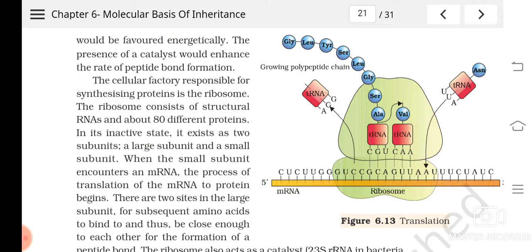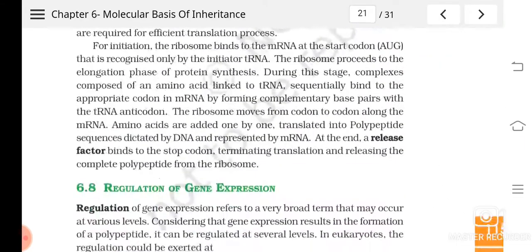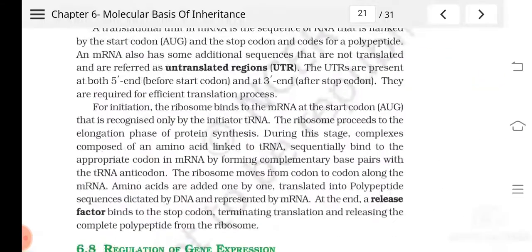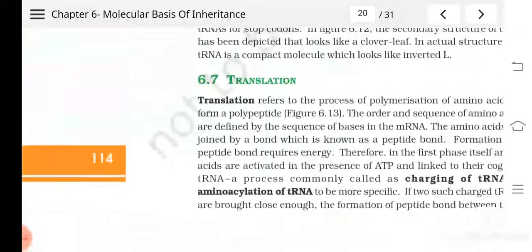Ribosomes exist as two different subunits, a larger subunit and a smaller subunit. During the process of translation, they get associated. First, what happens before initiation? Charging of amino acids, isn't it? That is known as aminoacylation of tRNA, or charging of tRNA.